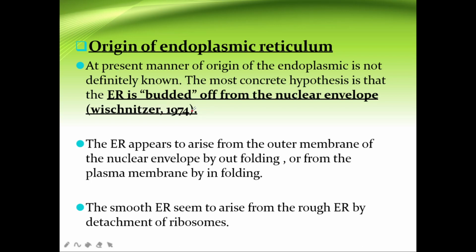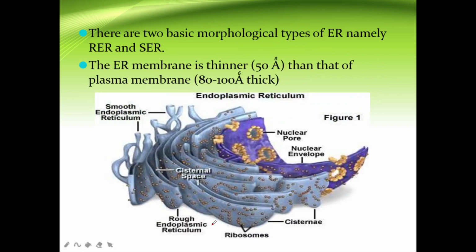That means it was part of the nuclear envelope. The ER appears to arise from the outer membrane of the nuclear envelope by outfolding, or from the plasma membrane by infolding. The smooth ER seems to arise from the rough ER by detachment of ribosomes. So, this is all about the origin.